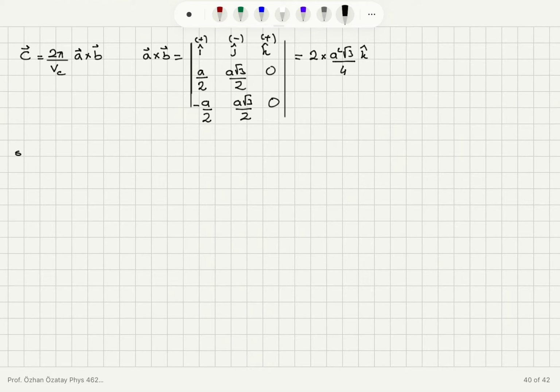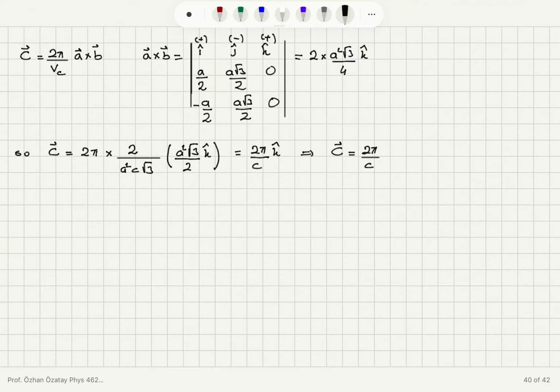So the C vector will be 2 pi times 1 over the volume of the primitive cell, 2 divided by a square c square root 3, and then I have the cross product a square square root 3 over 2 k hat, and this gives us 2 pi divided by c k hat. So our final answer is 2 pi divided by c k hat.